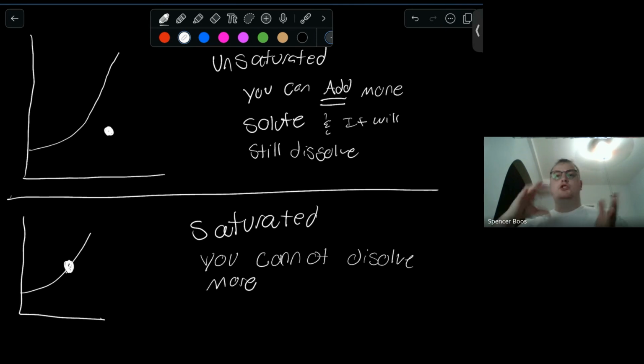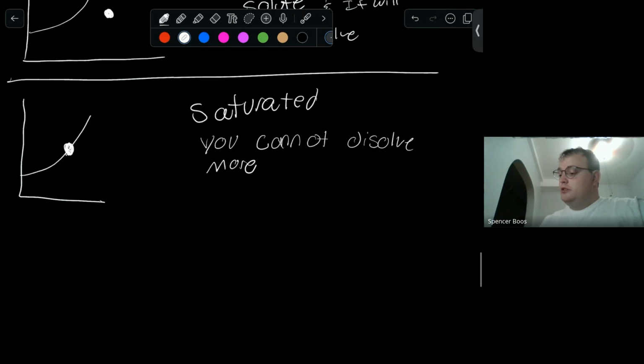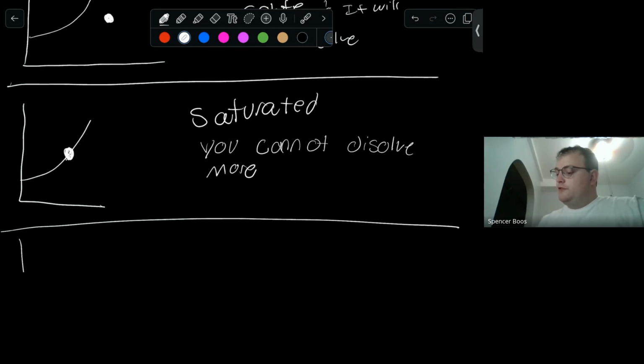Kind of like if you put too much Kool-Aid mix into a cup of water, it'll make a pile at the bottom and it won't do anything. To create a supersaturated solution, or if you're looking at a solubility graph, it would be over here.